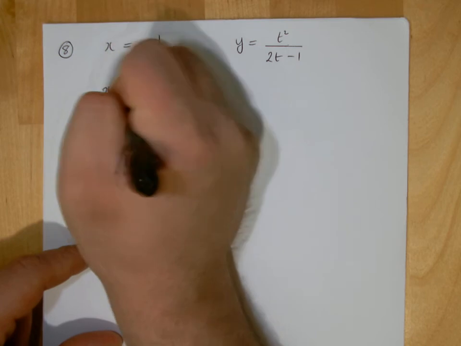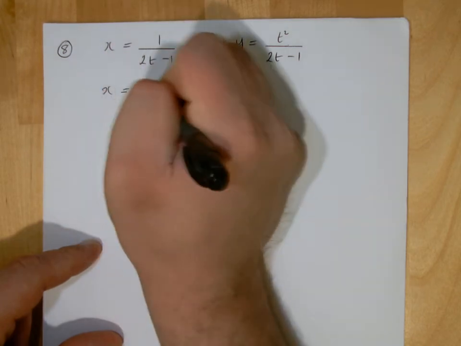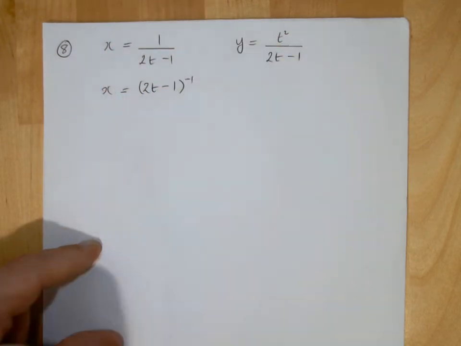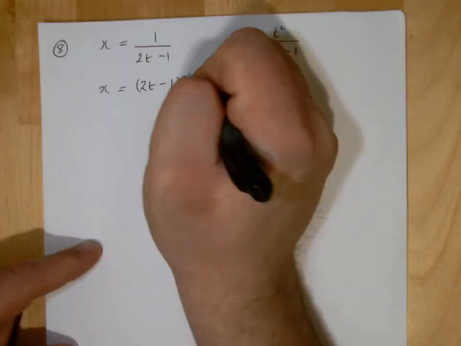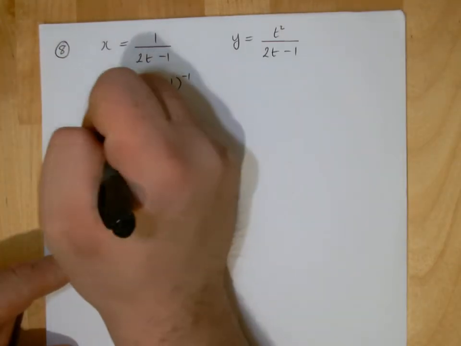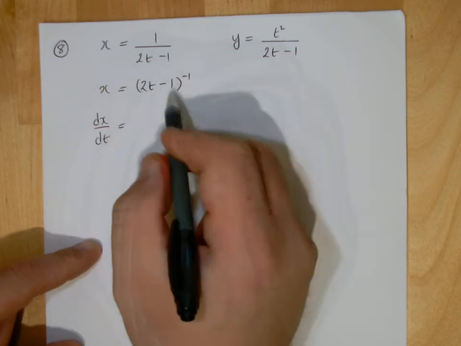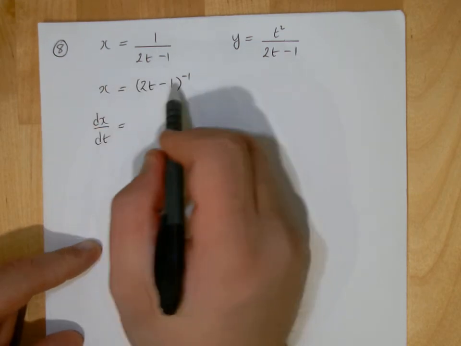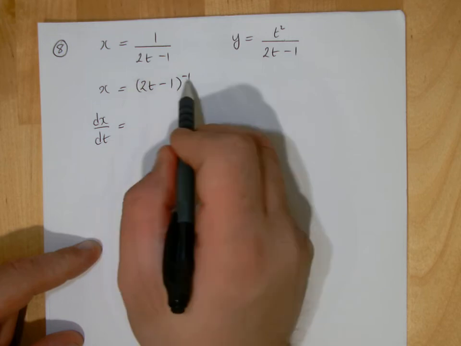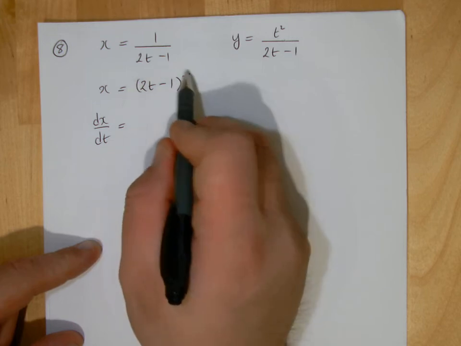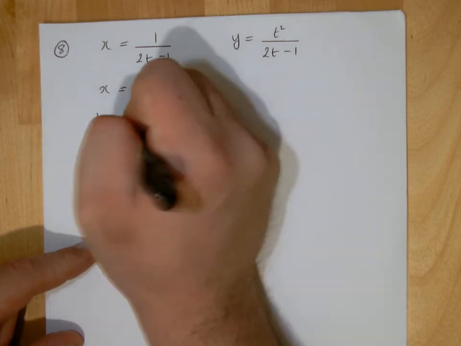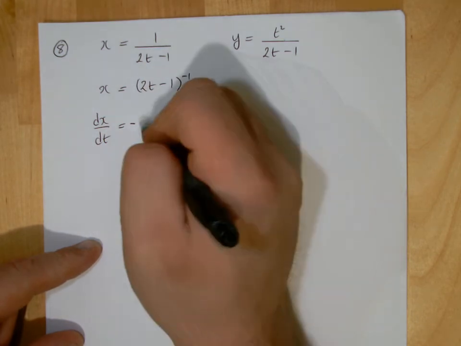So it becomes 2t minus 1 to the power minus 1, okay? And then I've just got a bracket to a power, and I can differentiate that. I can do dx by dt, because remember what we learned earlier in the year, when you've got a bracket to the power, well, you differentiate that bracket essentially. So you bring that minus 1 down, put it in front, so put a minus there, you don't have to write the 1.